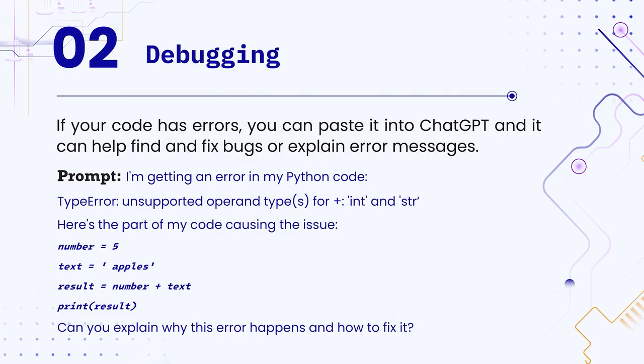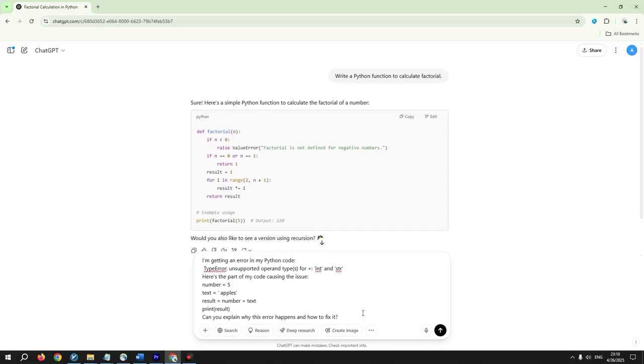If your code has errors, you can paste it into ChatGPT and it can help find and fix bugs or explain error messages. Let's copy and paste this prompt. I'm getting an error in my Python code. Then I write my error. Then ask to explain why this error happens.